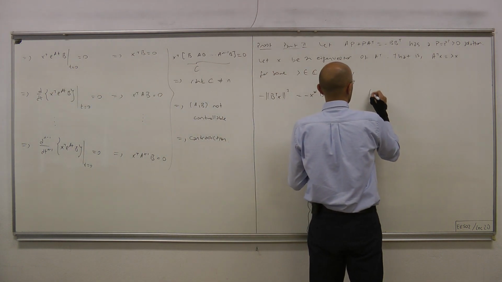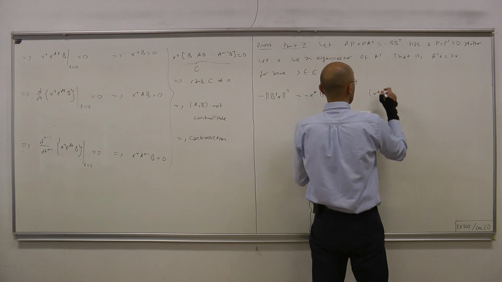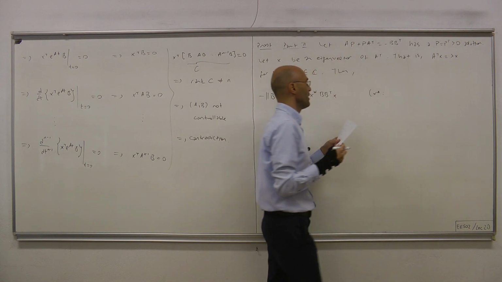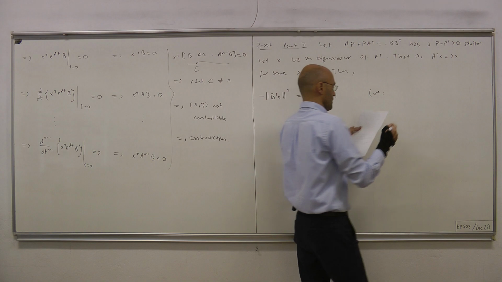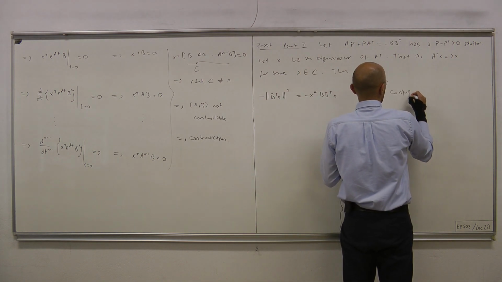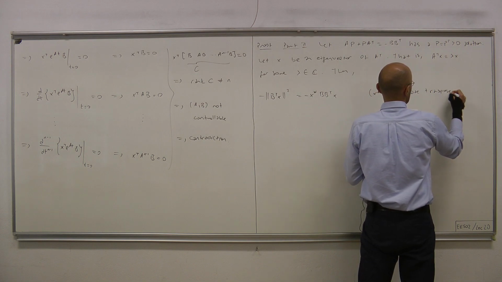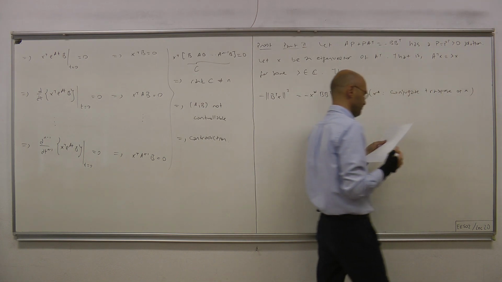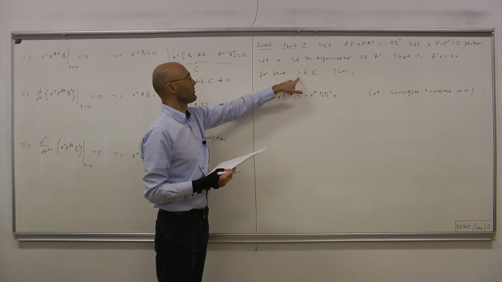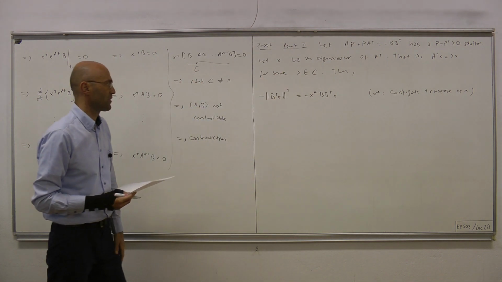Here X conjugate transpose is denoted by X star, the conjugate transpose of X, because possibly X is a complex vector.